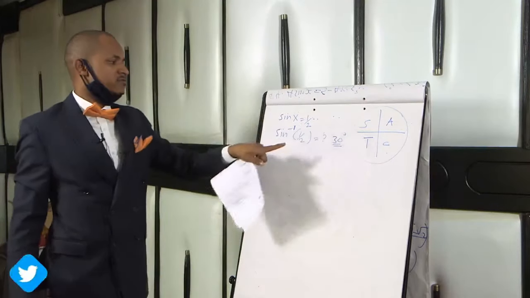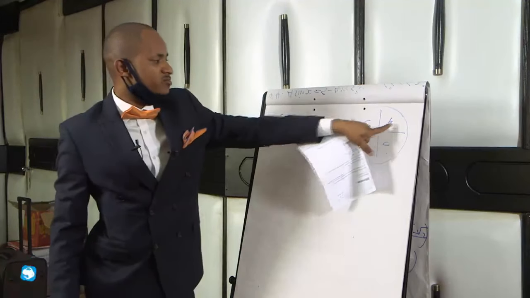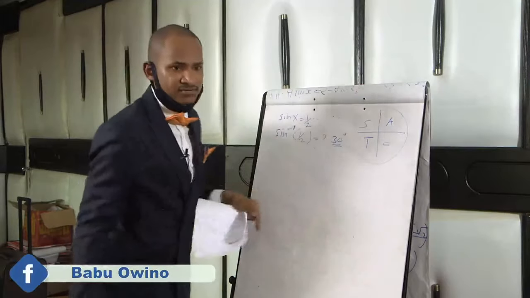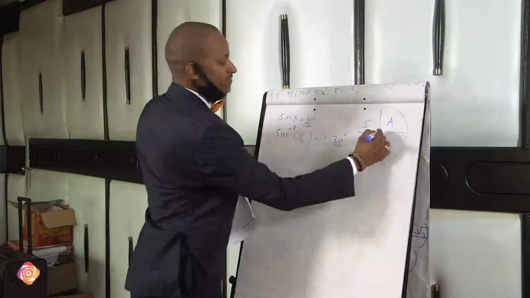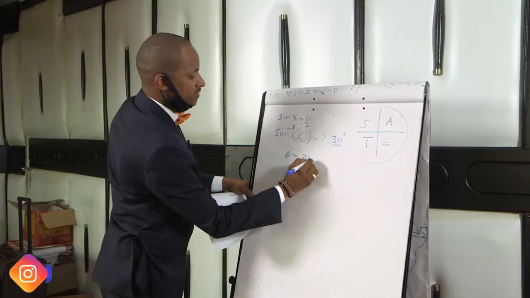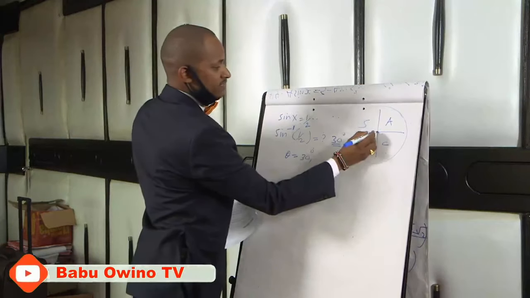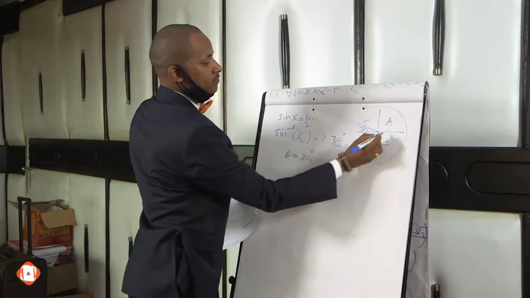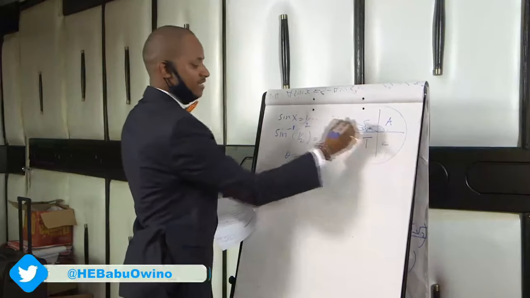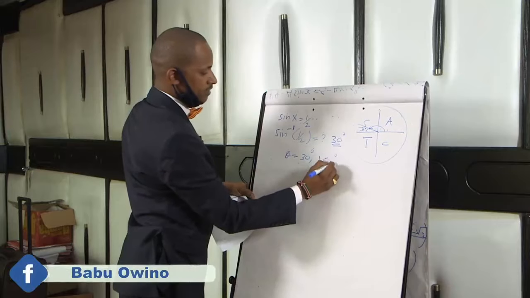When it's positive, sine is in the first quadrant and in the second quadrant only, but it's negative here and negative here. Therefore, in the first quadrant, theta equals 30 degrees. But in the second quadrant, if we have our 30 degrees here, the remaining angle is 180 minus 30, which is 150 degrees.